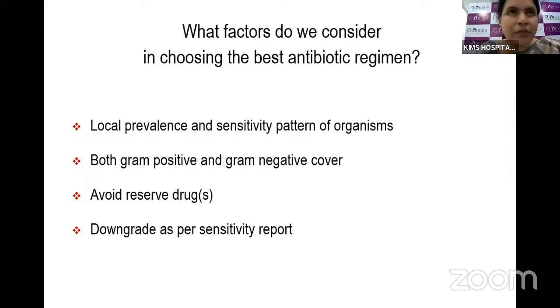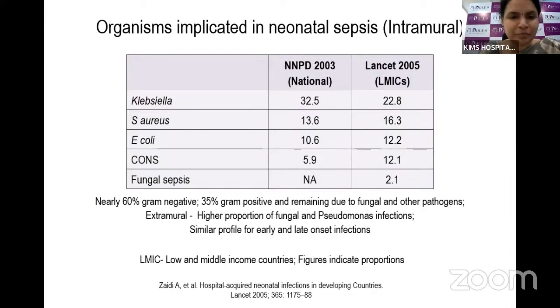So as soon as we have the culture sensitivity report, and if we are fortunate to actually grow a microorganism, then we must use the relevant antimicrobial susceptibility pattern to downgrade antimicrobials wherever there is an opportunity, to an antibiotic with a lesser coverage pattern.